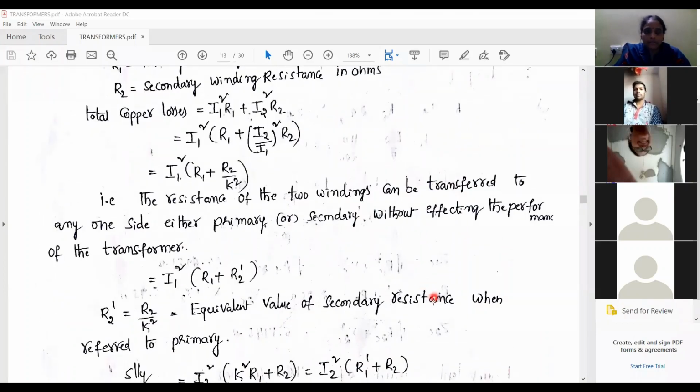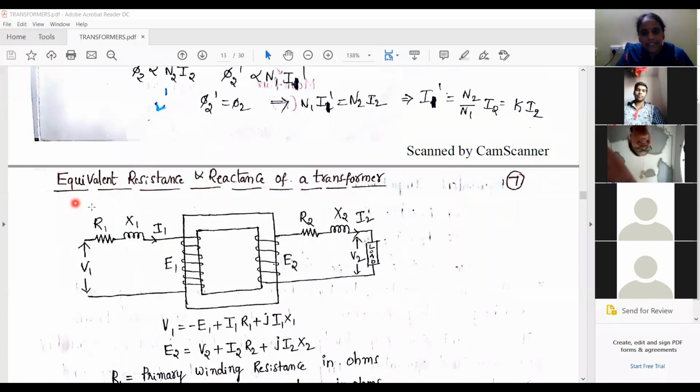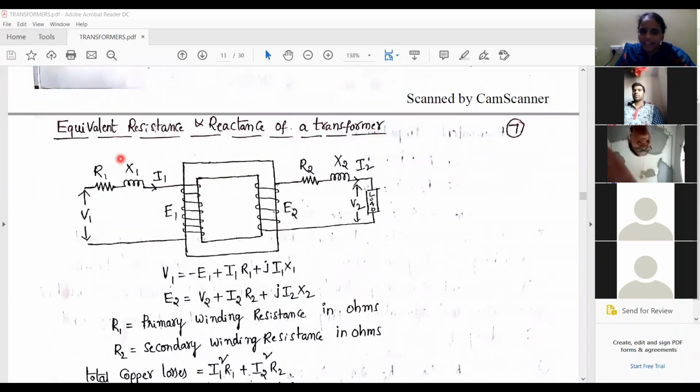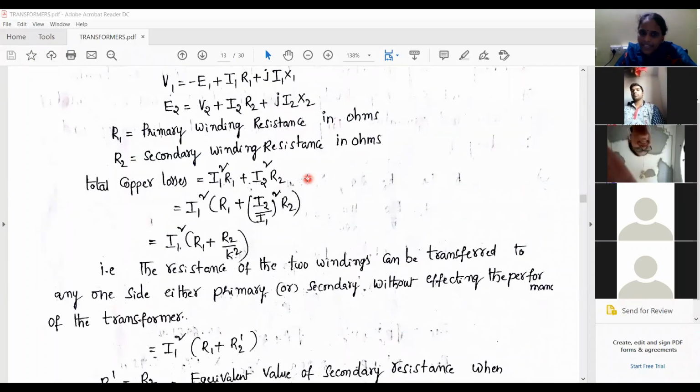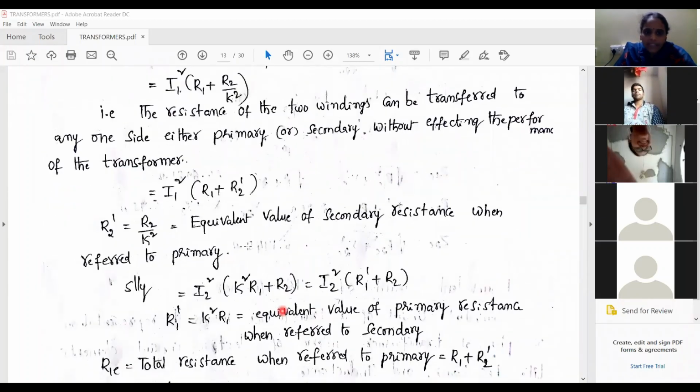Now I want to transfer the primary parameters R1 and X1 to the secondary. When I transfer them, they become R1 dash and X1 dash. Same thing I will apply.